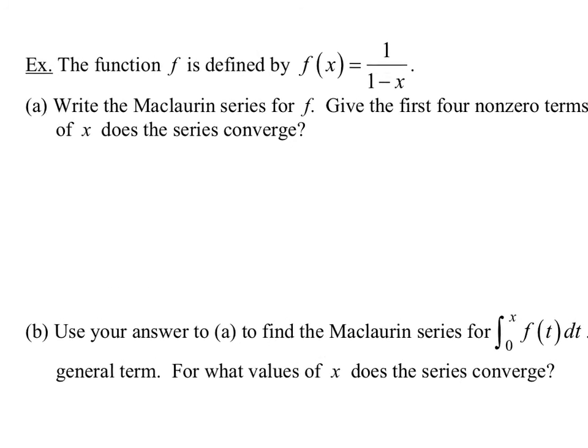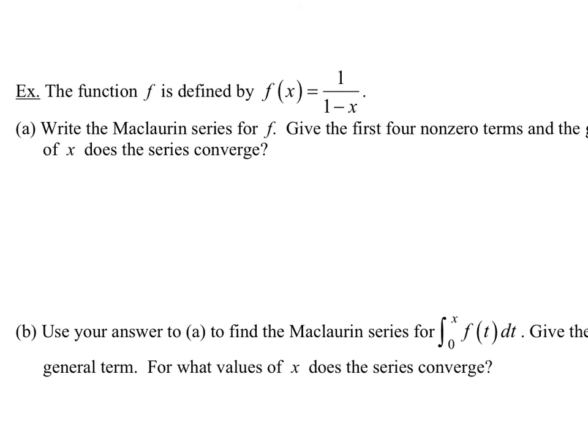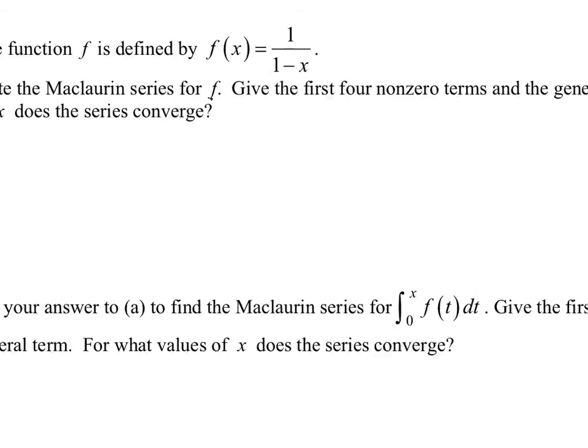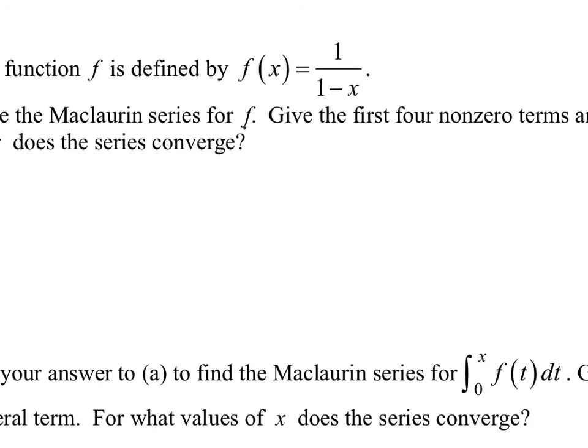Next page. Write the Maclaurin series for f. First 4 non-zero terms and the general term. For what values does it converge? Okay, we've done this one. We said this is r. Absolute value of r is less than 1, so that means we're between -1 and 1. Okay?